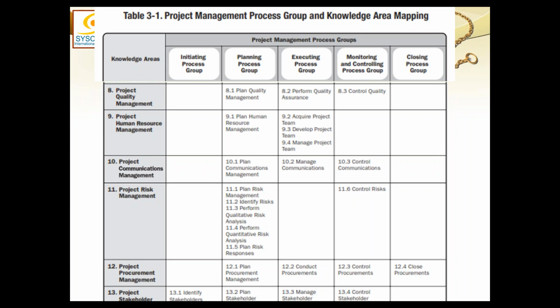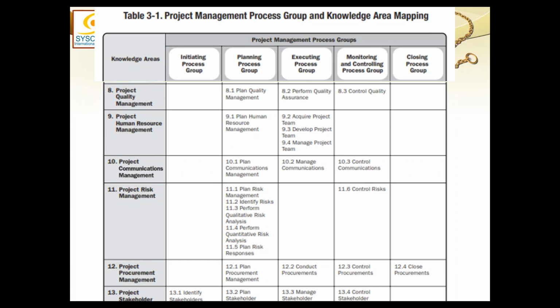When you define the scope of a project, you define the product scope and the project scope. Product scope is what is to be produced and what are going to be its characteristics or requirements. Project scope is what is to be done to produce that deliverable.